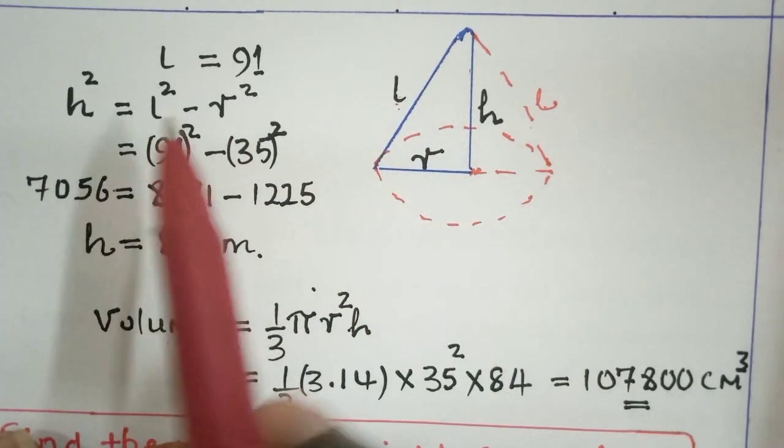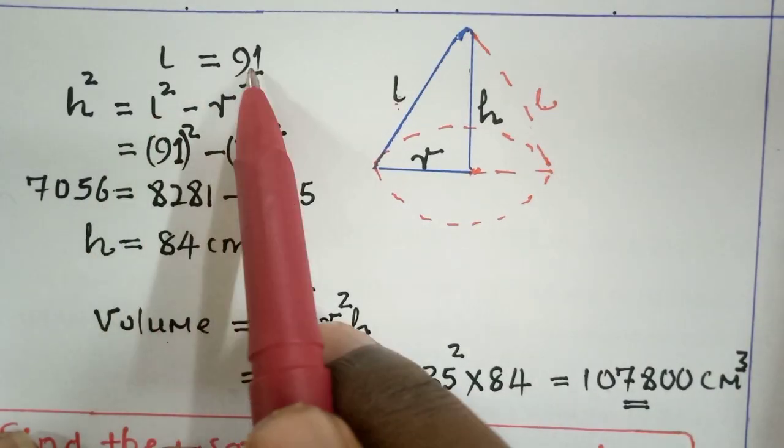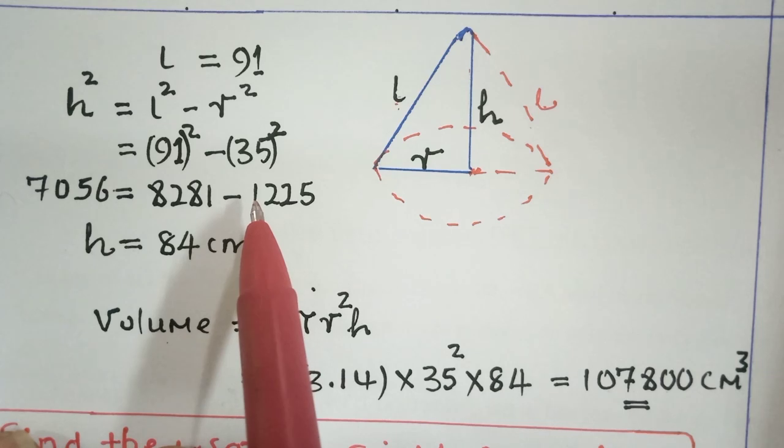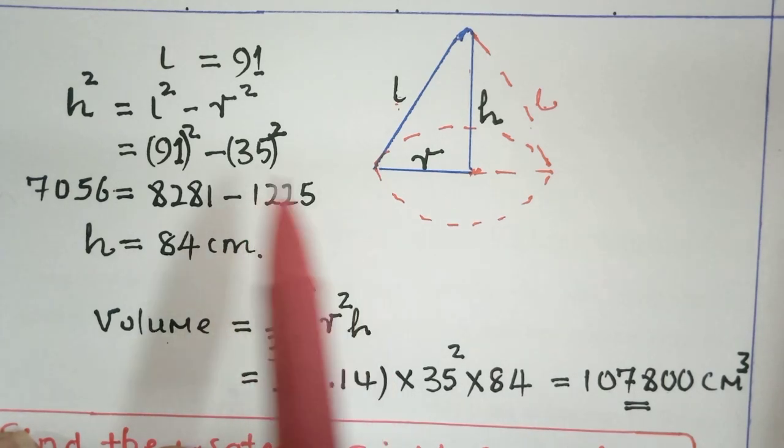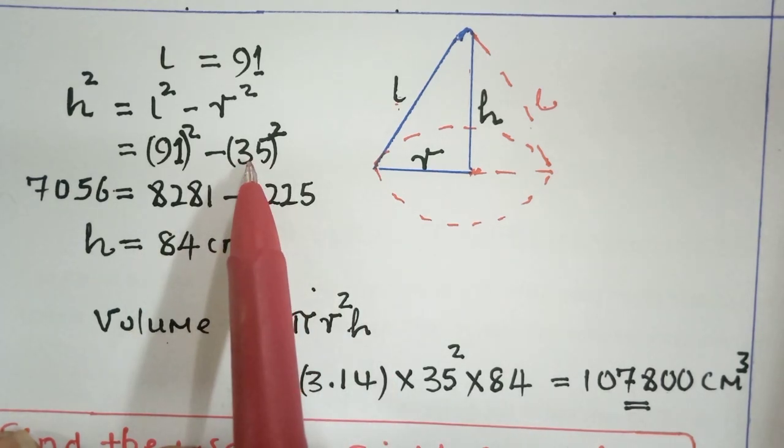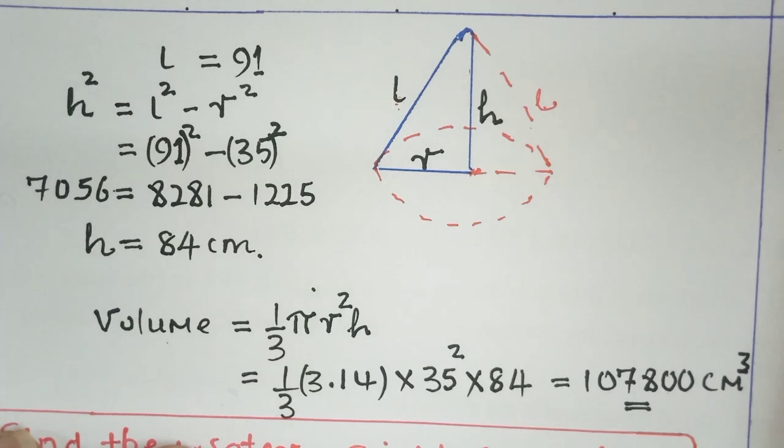we have the L, which is 91, and we have the radius, which is 35. We are saying if the curved surface area of the right circular cone is that and its radius is 36, find the volume of the cone.